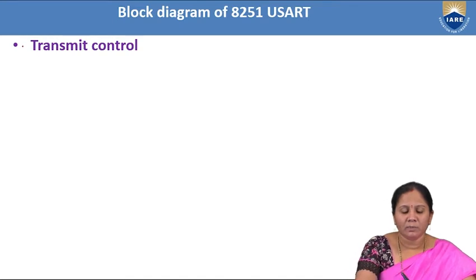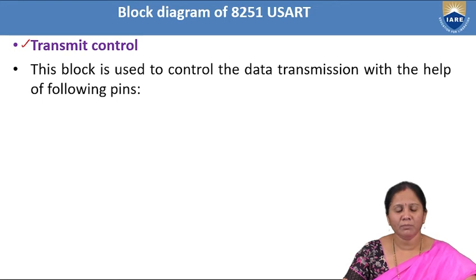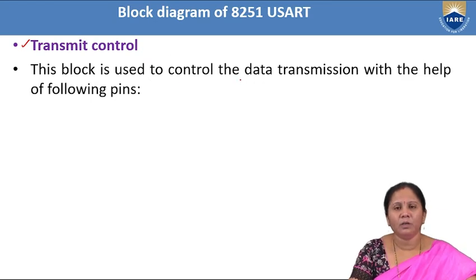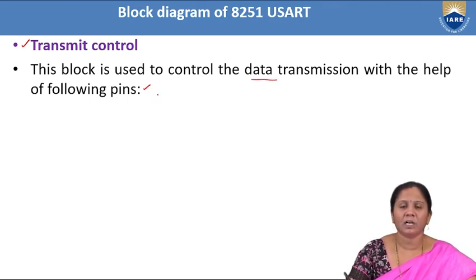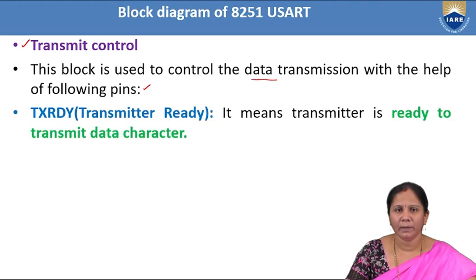Now, the next block is transmit control. In the same transmitter section, we have transmitter buffer and transmit control. This transmit control block is used to control the data transmission with the help of the following pins. That means, as we have seen in the block diagram, three signals are connected to the transmit control: transmitter ready, transmitter clock, and transmitter empty.